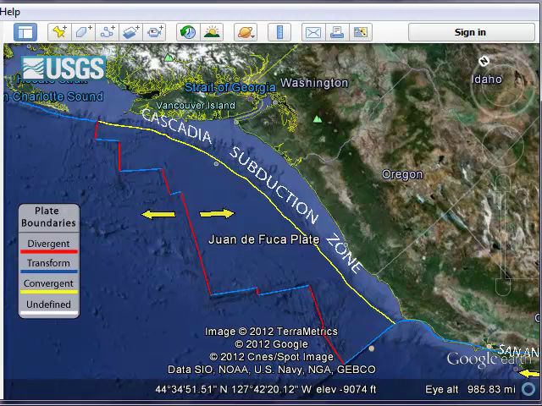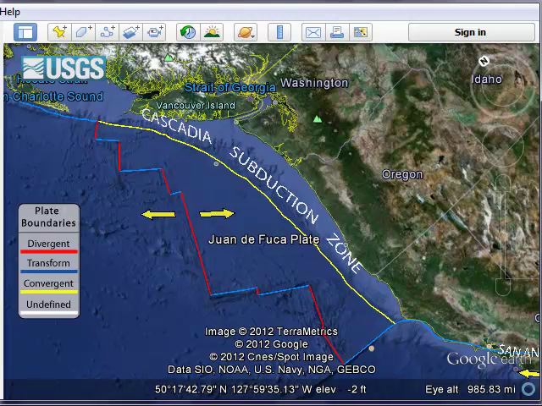The North American plate isn't labeled, but it's a huge area. The Pacific plate is over on the other side, and the arrows tell you the direction these plates are moving in. And here you can see the Cascadia subduction zone, a convergent boundary, indicated by that yellow line.